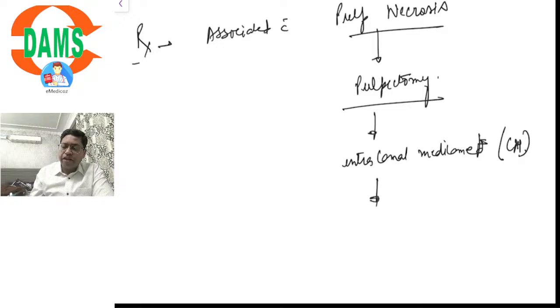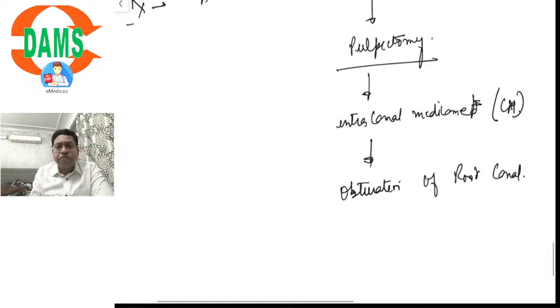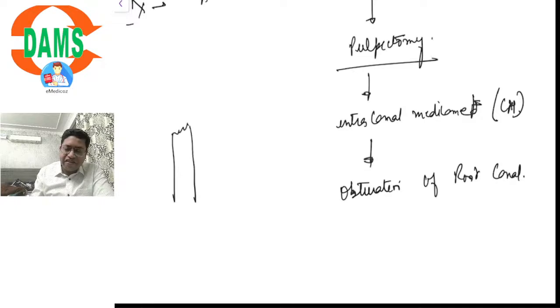And this is followed by obturation of the root canal. Fill the area of resorption. Suppose this is a tooth root that has resorbed like this. When we look at the root canal, it is a wide open canal.